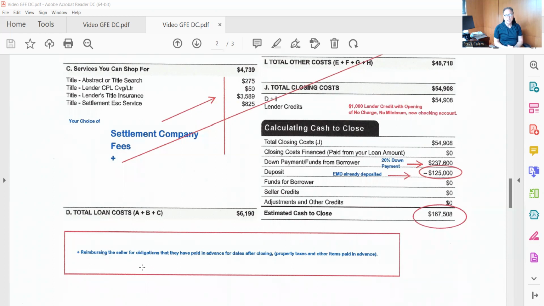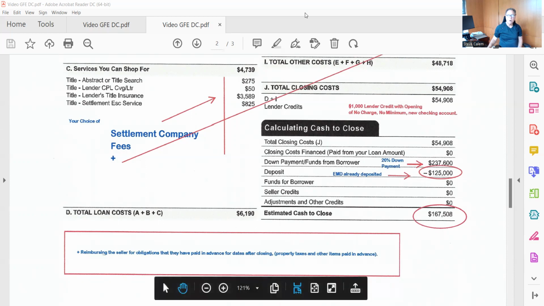That number, if that's the case, does not show up on your settlement fee. And at the end, people are counting every dime sometimes because they're very tight. You've always got to accommodate some extra money because you may have to reimburse the seller for things that they paid in advance that you now own the home.